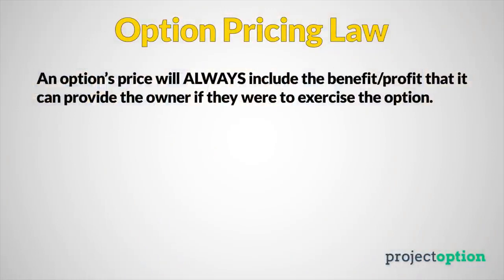But here's the thing. An option will always include the benefit that it provides the owner in its price. So the option price will always embed any profit that can be made by exercising it.